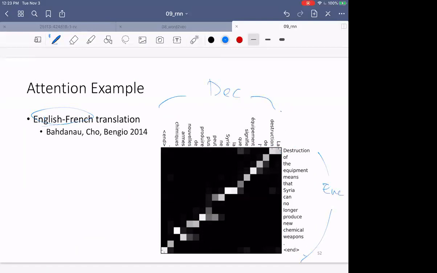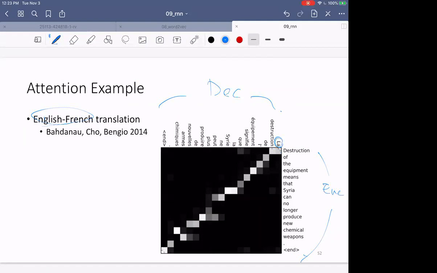As I said, at each time step of the decoder, you need to generate a context vector, and in order to generate the context vector, you need to use attention. You can see at each time step, the decoder generates a French word, and you can see the attention distribution across the English words. This is a very intuitive, very educational example.